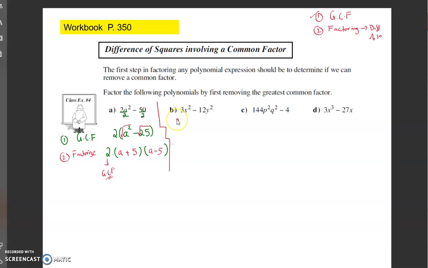Here, there's a 3 that we can divide out, and the remainder inside is now the perfect candidate to again do difference of squares. The 3 comes out as it is, and you get x minus 2y, x plus 2y.